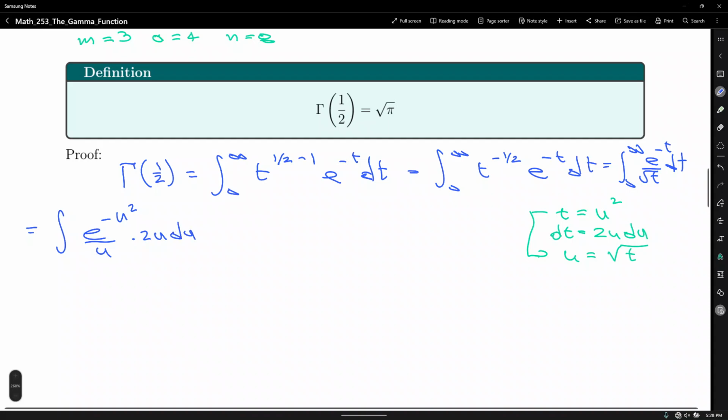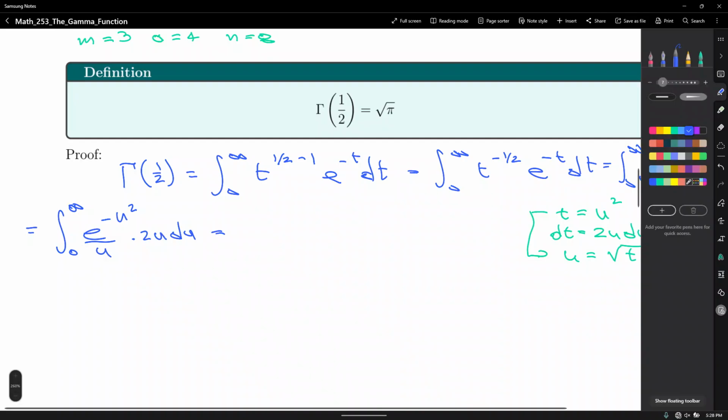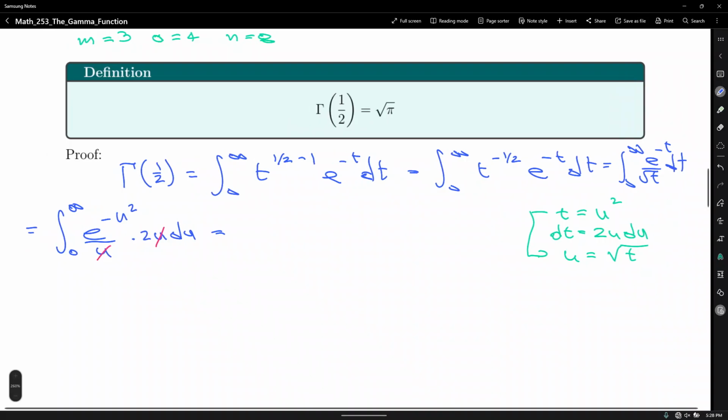They remain 0 to infinity, because 0 squared is still 0, and infinity squared is still infinity. Let me simplify this integral. Cancel the u's, and this equals 2 times the integral from 0 to infinity of e to the negative u squared du.